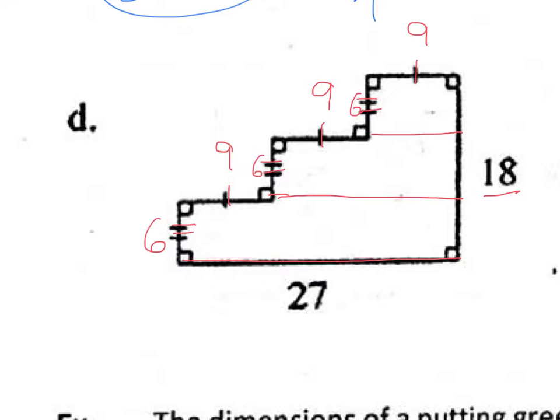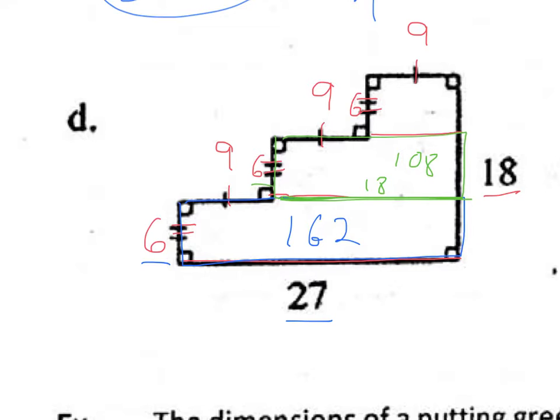So, let's find the area of this rectangle first. It's got dimensions of 6 by 27. So 6 times 27 would be 162. Now we'll find the area of this rectangle, which has dimensions of 6 by, well, this length right here is 9 plus 9, or 18. 6 times 18 is 108.